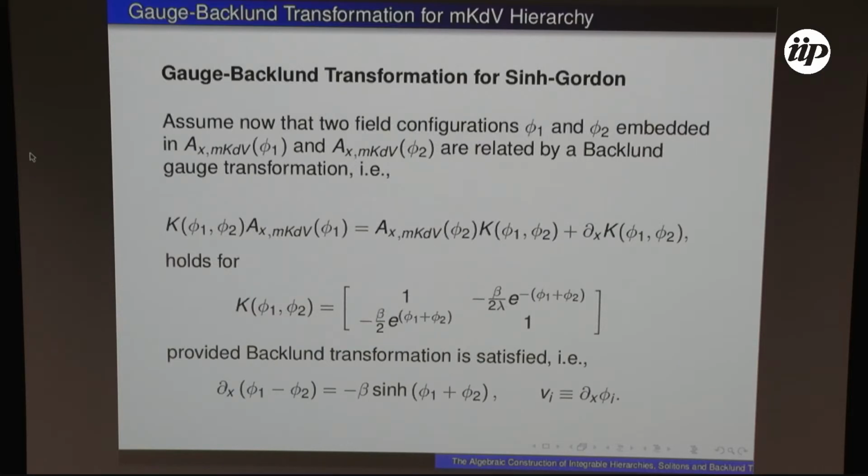For the Sine-Gordon, we know the Backlund transformation, so we constructed the K matrix. And we use the K matrix because you have zero curvature, and a gauge transformation maps zero to zero. So the zero curvature is invariant under gauge transformation by K. Even if it's T3 or T5 or T7, it doesn't matter.